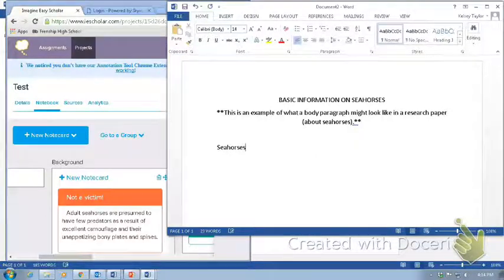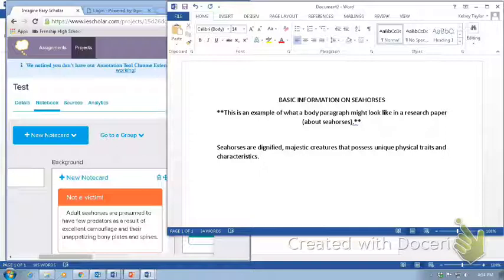So mine is: seahorses are dignified, majestic creatures that possess unique physical traits and characteristics. So this is my thought, my idea.